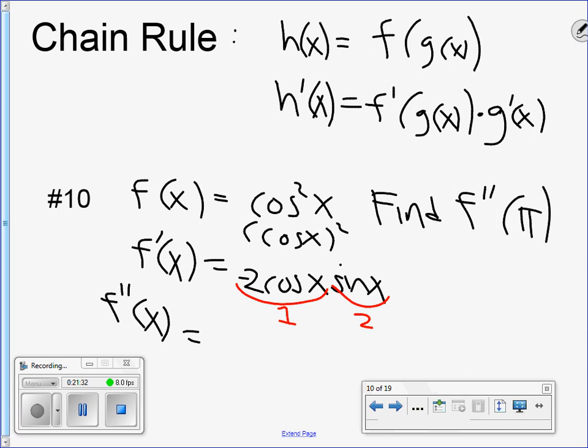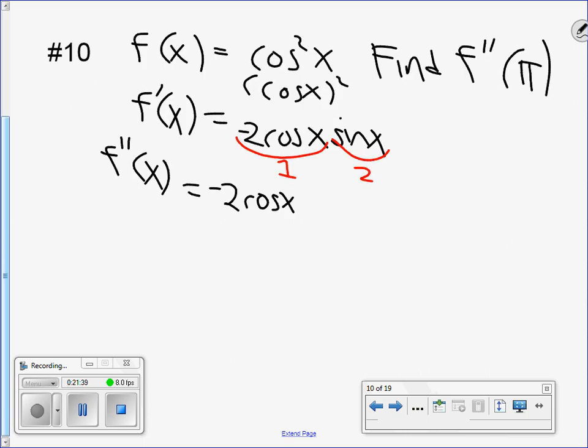First, negative 2 cosine x times the derivative of the second, times cosine x, plus the second. What's the derivative of the first going to be? Times 2 sine x.